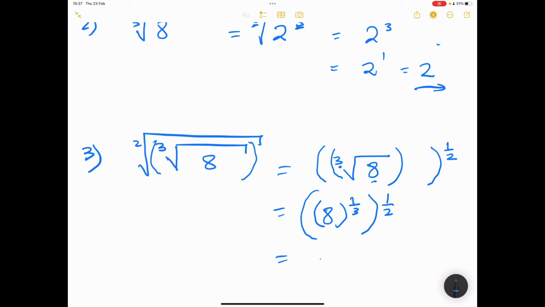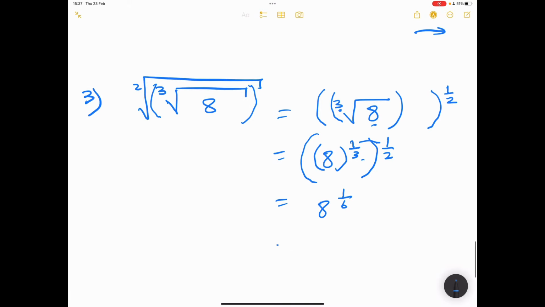So in this case, this is the same as 8 to the exponent 1 over 6, because when I multiply that, 1 times 1 is 1 and 3 times 2 is 6. So I can simply say that is simply going to be, in fact, let me just write it as a prime base in this case. So that's going to be 2 exponent 3 raised to the exponent 1 over 6.